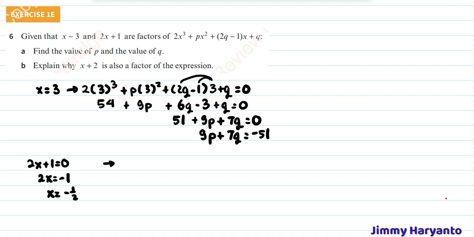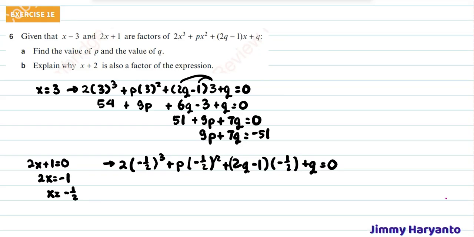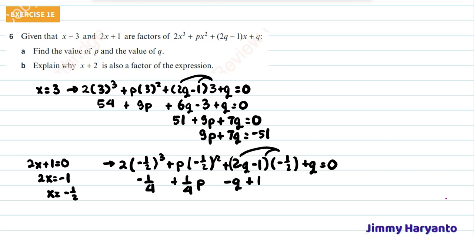For this one, you'll have 2 times negative 1 over 2 to the power of 3 plus p times negative 1 over 2 squared plus 2q minus 1 times negative half, and then plus q equals to 0. Okay, so we'll have negative 1 over 4 right here, and then this one is 1 over 4p, and then when you multiply this, we'll have negative q plus half, and then plus q equals to 0.